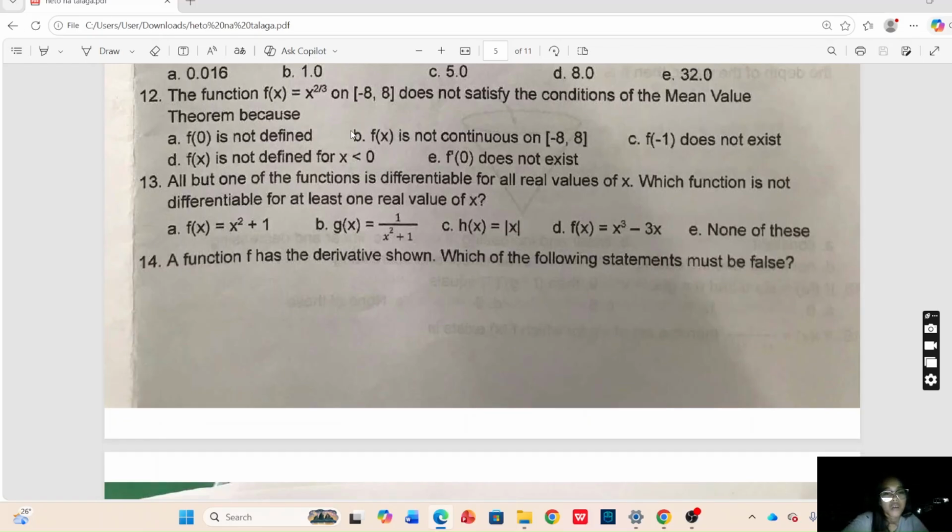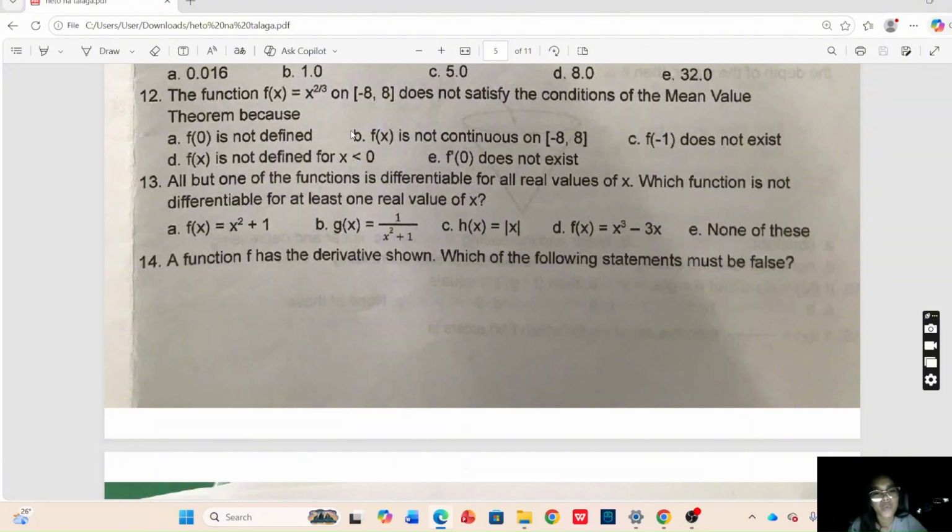So for number 12, we are asked why the function x raised to 2/3 in the interval negative 8 to 8 does not satisfy the condition of the mean value theorem. So the mean value theorem requires continuity on a closed interval and differentiability on an open interval.